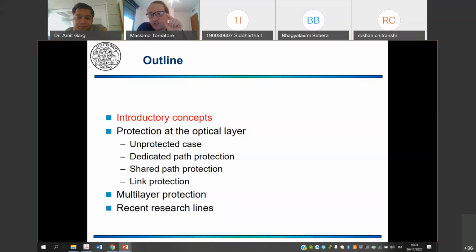This kind of situation makes other issues emerge, which I summarize here as multi-layer protection issues. And if we're going to have time, I will also be happy to mention some of the research topics that I'm currently studying in terms of protection in optical networks.